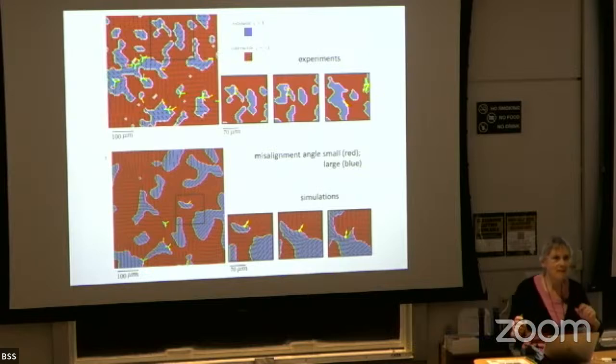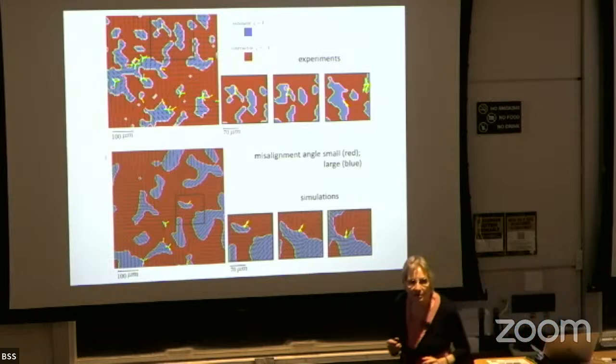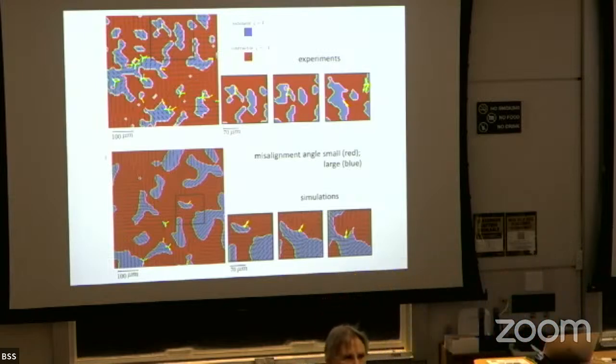Yeah, okay, so the lady in green. What am I plotting here? It's the misalignment angle. It's the angle between the stress and the shape. So the black lines, what are we plotting?